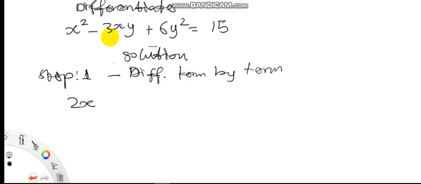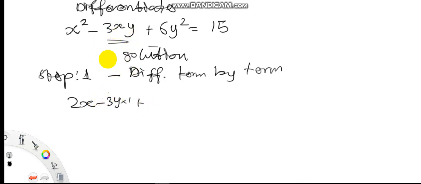To differentiate this, remember this is a product. So we hold y constant and then we differentiate with x. So we say minus 3y. The derivative of x is just 1. So we just leave it, because if we multiply this by 1, it's just going to be the same. And then plus, remember it's a product rule.